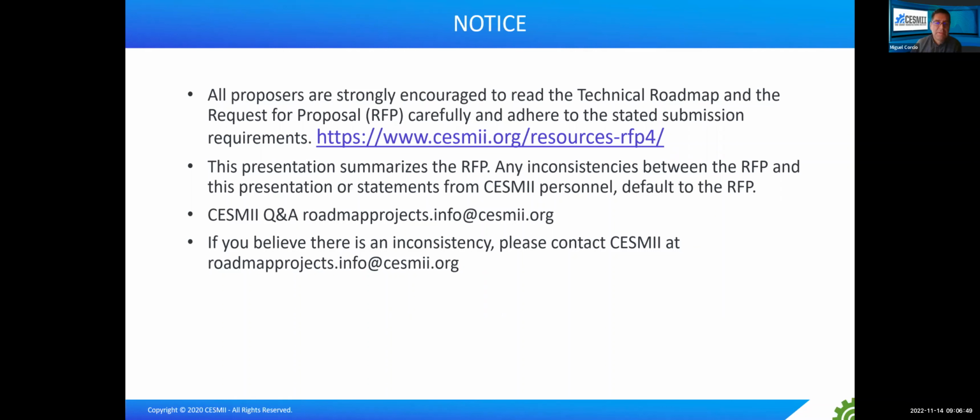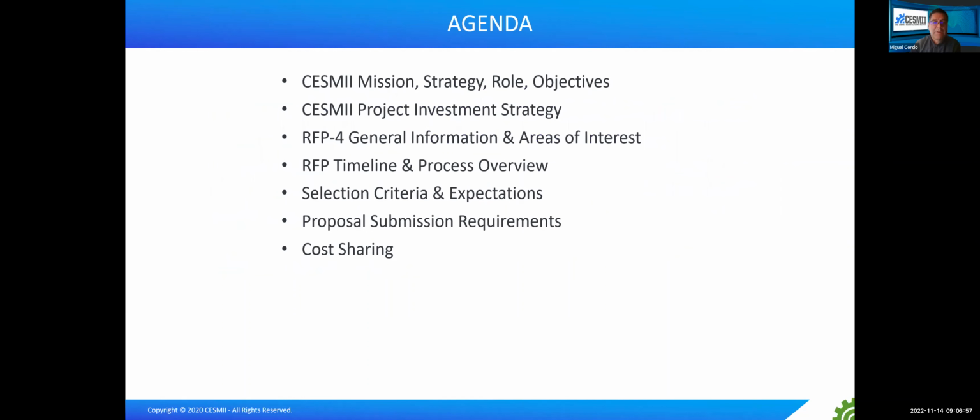The RFP is really what we're following, and hopefully there will be no conflicting information that we give you today. As far as the agenda and the topics we are going to cover, very briefly, we're going to talk about the mission, the strategy, and roles and objectives of CESMII. We'll talk a little bit about the strategy for investment and projects.